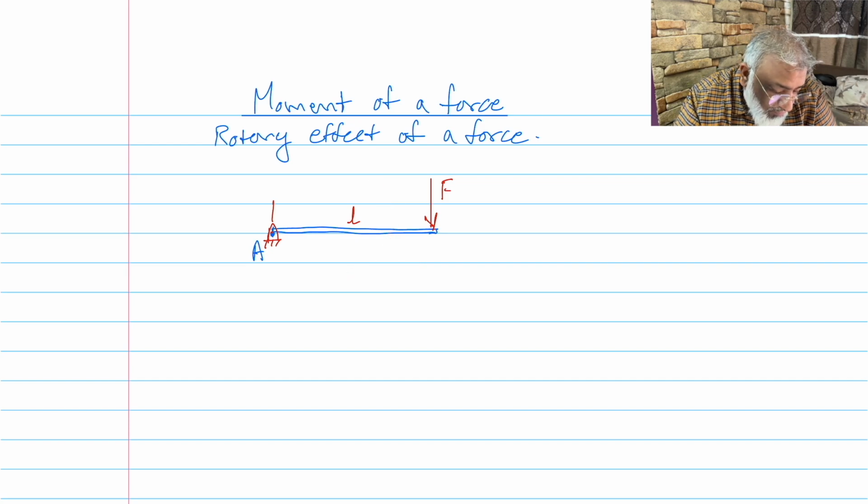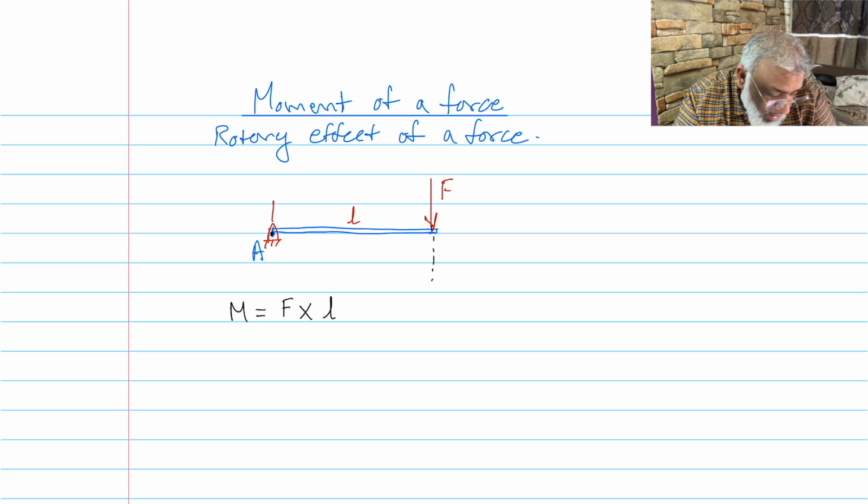Now, how do we find out the value of this rotary effect, the moment, and how do we use it in equations? Moment of a force is given as the value of the force multiplied by the perpendicular distance between the fixed point and the line of action of the force.